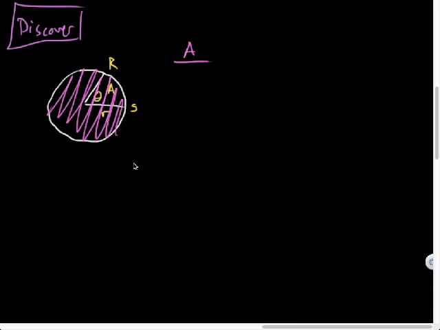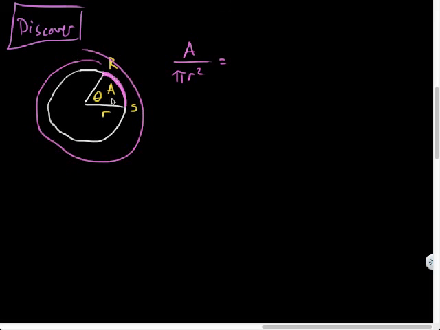What's the equation for the area of the whole circle? 2 pi? No, not quite. Pi r squared. So the ratio of the area of our sector over the area of the whole circle should equal the length of the arc compared to the circumference of the whole circle. Those ratios should be the same.